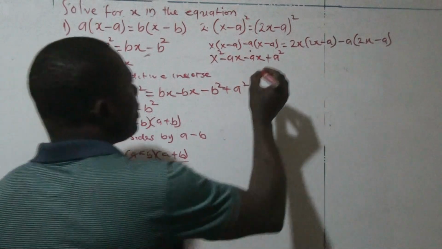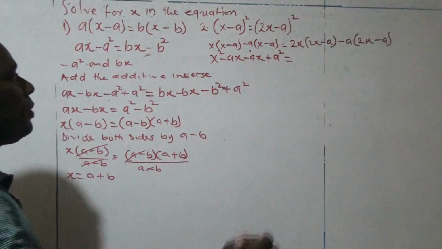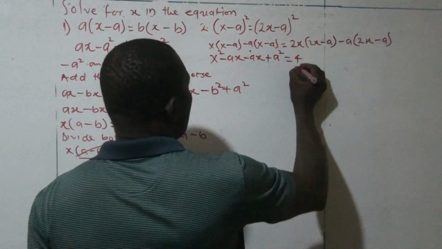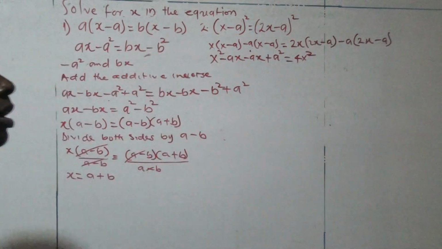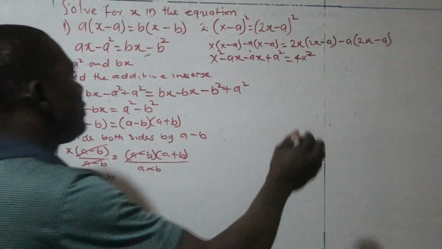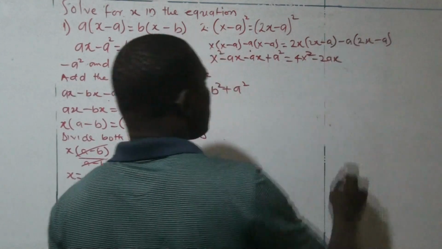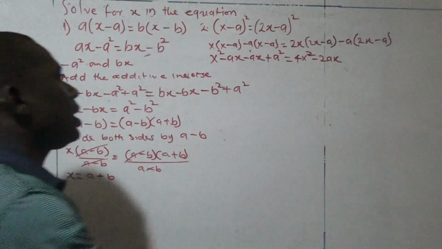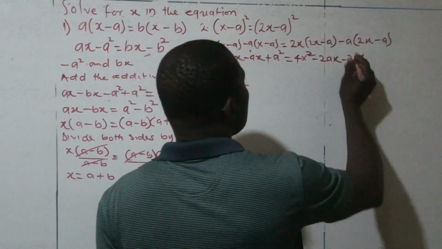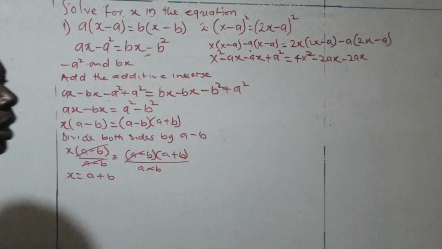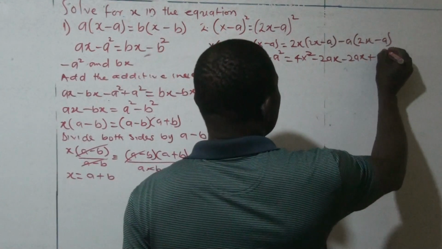On the right hand side, 2x times 2x gives 4x squared. 2x times minus a gives minus 2ax. Minus a times 2x gives minus 2ax as well. Minus a times minus a will eventually give us plus a squared.